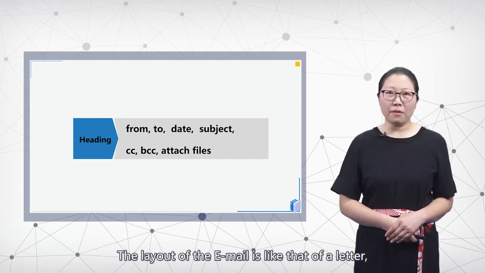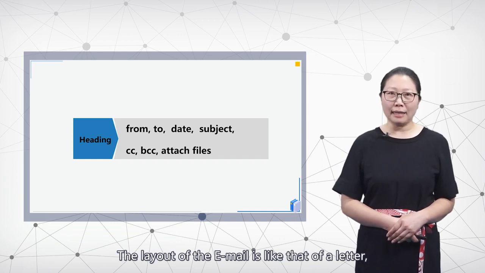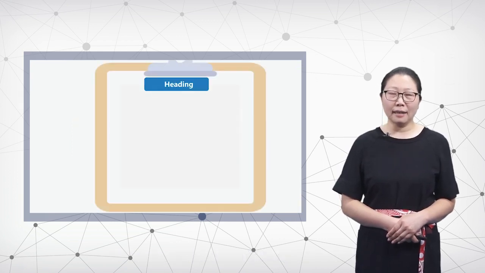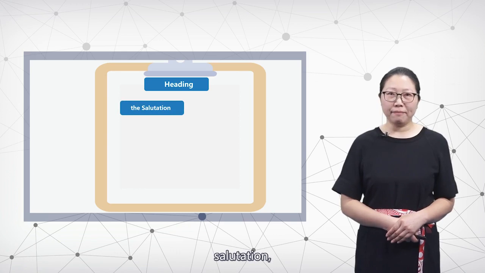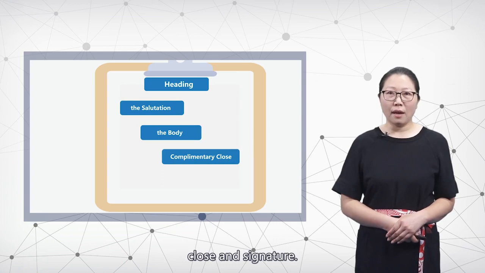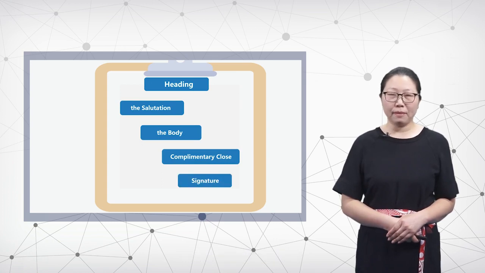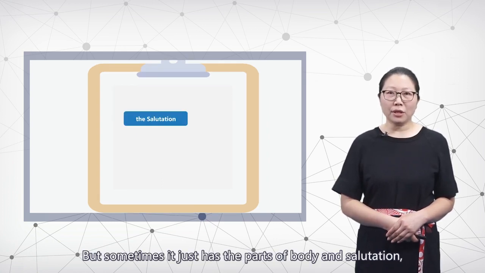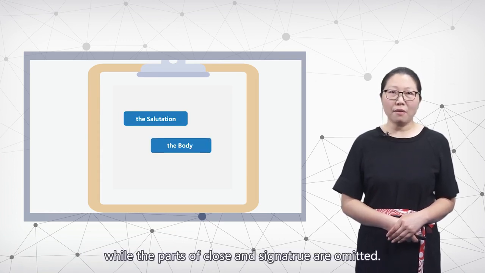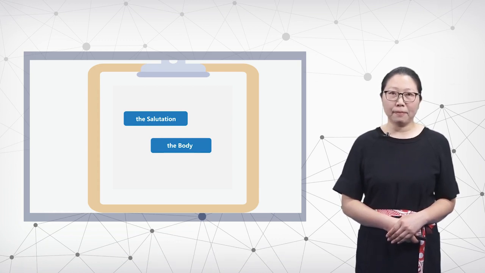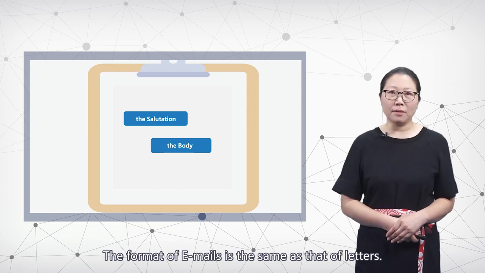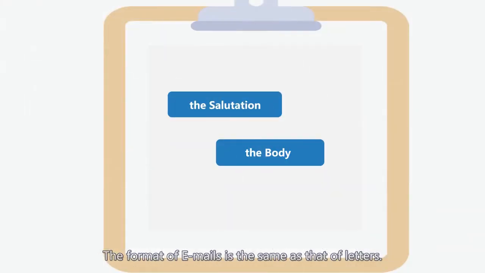The layout of the email is like that of a letter, including heading, salutation, body, close, and signature. But sometimes it just has the parts of body and salutation, while the parts of close and signature are omitted. The format of emails is the same as that of letters. Please look at the reference format.